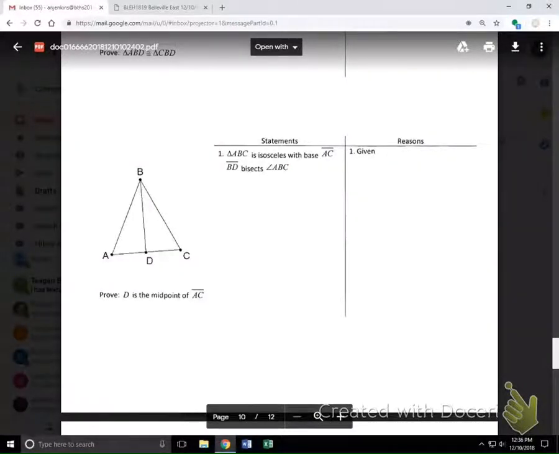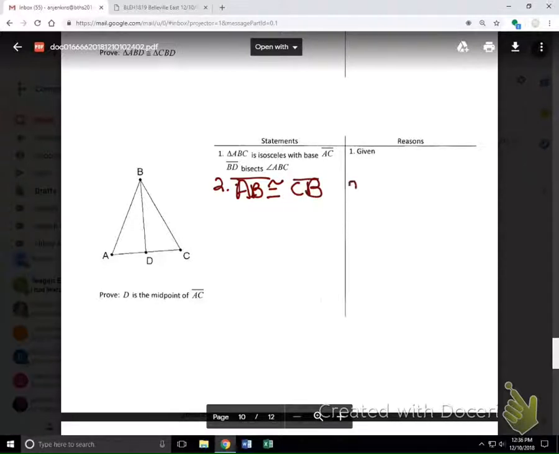Okay, so for our next one, it starts out the same way. We have triangle ABC is an isosceles triangle with base AC, and we have that BD bisects angle ABC. So our second step is to show that side AB is congruent to side CB.